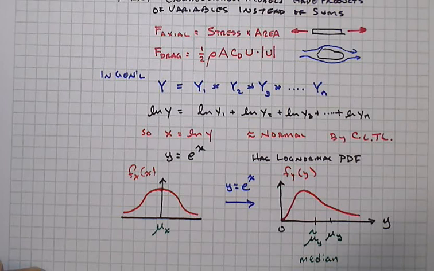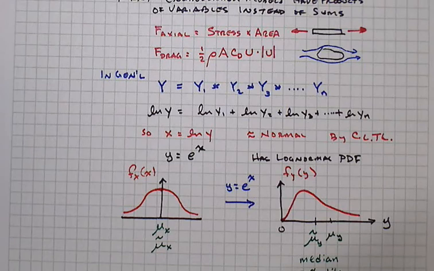Now the median, of course, is the 50 percentile mark, 50% of the area to the left and to the right of that particular value. Right over here in the regular normal distribution, the median and the mean and the mode are all the same value. Symmetric distribution with a peak right at the top. Whereas over here in the log normal, that's not the case at all.